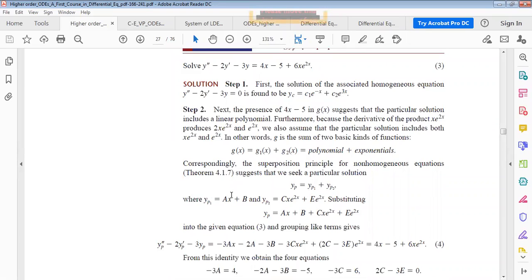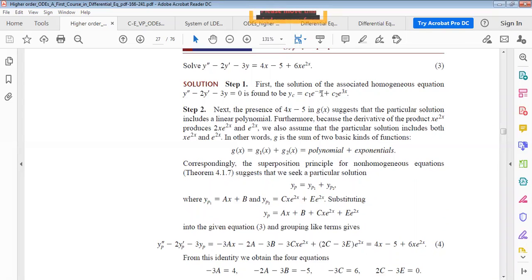So yp1 will be the solution for the linear function 4x - 5, that means g(x), taken as ax + b. yp2, the second one, will be c x e^(2x) plus e^(2x) term, e. D is not taken because capital D is the operator of differentiation, this is why.